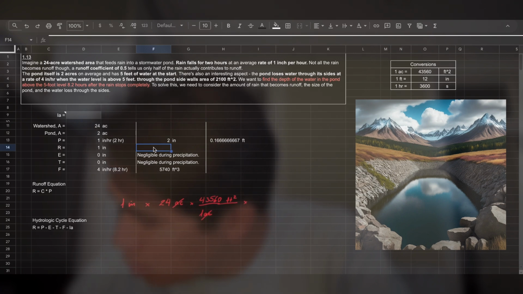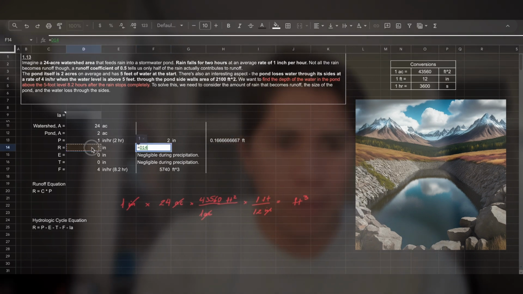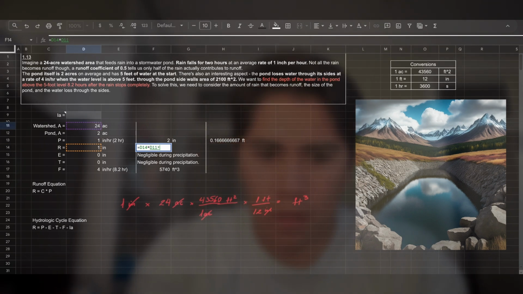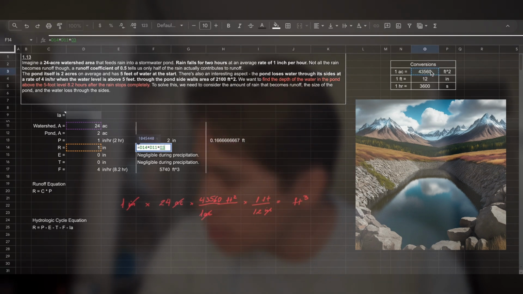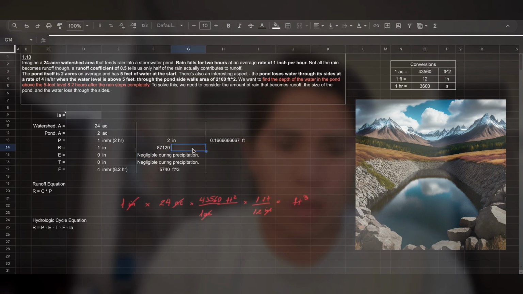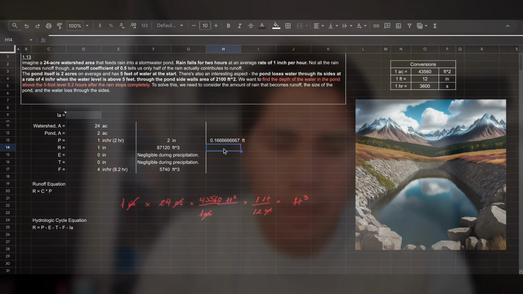So acres cancel. We need to convert inches to feet, 12 inches in 1 foot, so these inches cancel. This is going to give us a value in cubic feet, and that's going to be the runoff. So that's going to be equal to 1 times 24 acres, which is the area, times 43,560, all of that divided by 12. And this is in cubic feet. So we got, yep, that's the same as my notes.